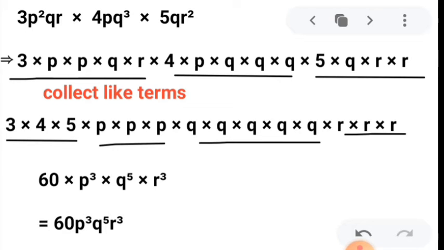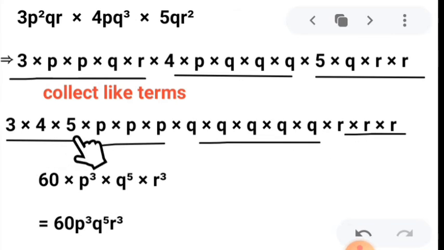So when we collect like terms together, we have 3 times 4 times 5, and we bring all the p together, p times p times p, and all the q together, q times q times q times q times q, and r times r times r.